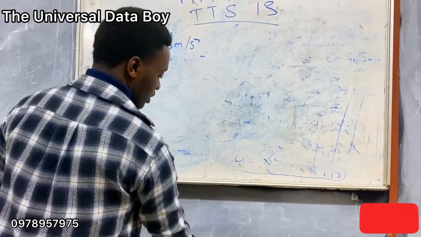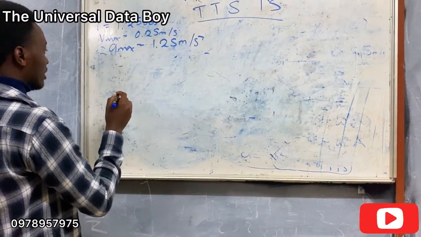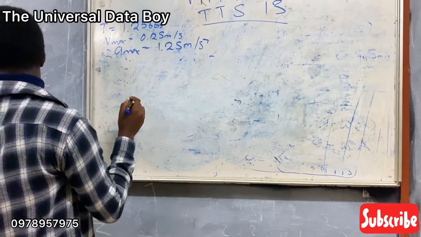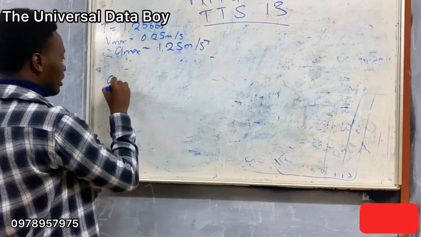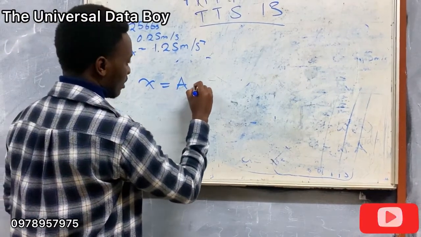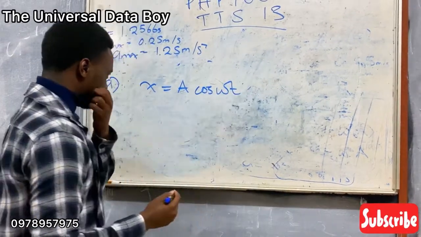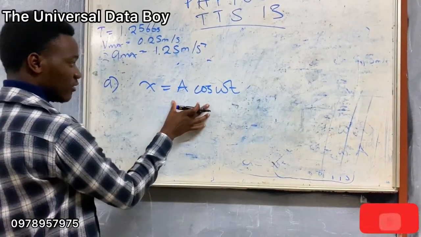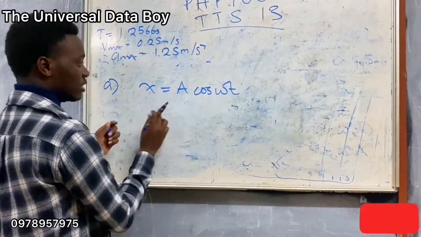So I'm going to express the position first. Since this is sinusoidal motion, we have its X equal to A cosine WT. Now when we find the derivative of this, we're going to get the velocity as a function of time.